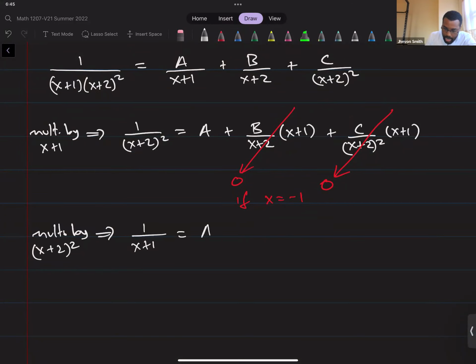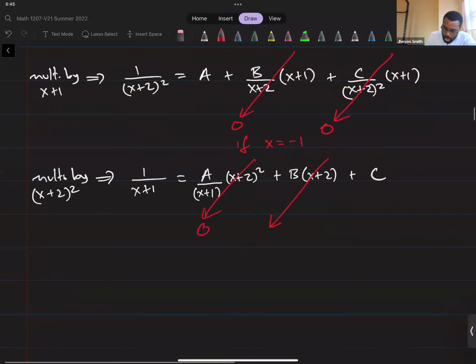I would have A over x plus 1 times x plus 2 squared plus B times x plus 2 plus C. And notice that these two guys would go to 0 if I plug in x equals minus 2, and I would be left with the C. A similar thing can't work with the B, because if I only multiply by one factor of x plus 2, the C would still have x plus 2 in its denominator.